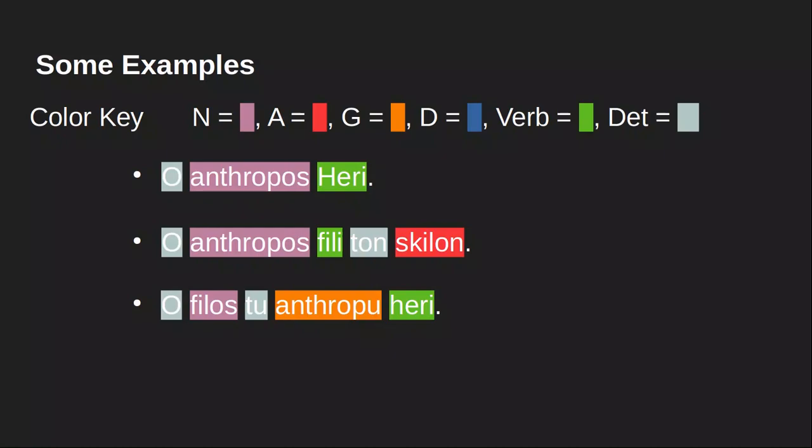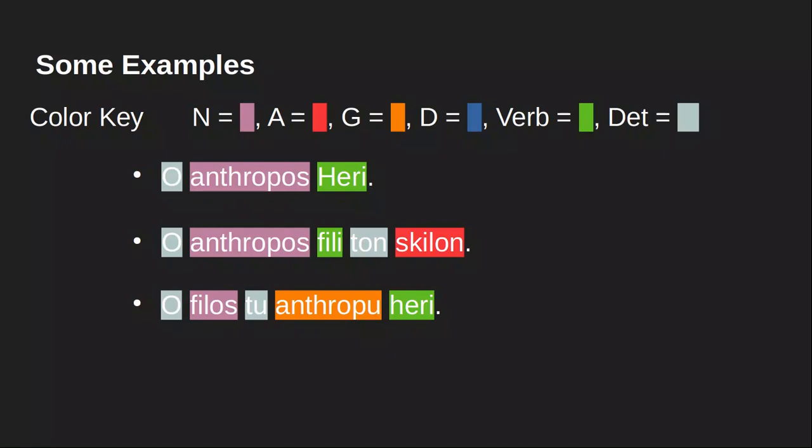O philos tu anthropo heri. The friend of the man rejoices. All right. So philos, once again, this is kind of like love, friend, friendship, love. These concepts go together in Greek. Philos is in the nominative, right? Because heri, again, he's rejoicing. So this u ending communicates that it's the genitive.